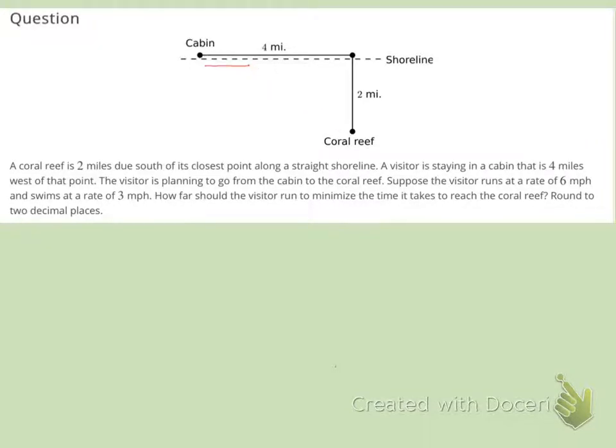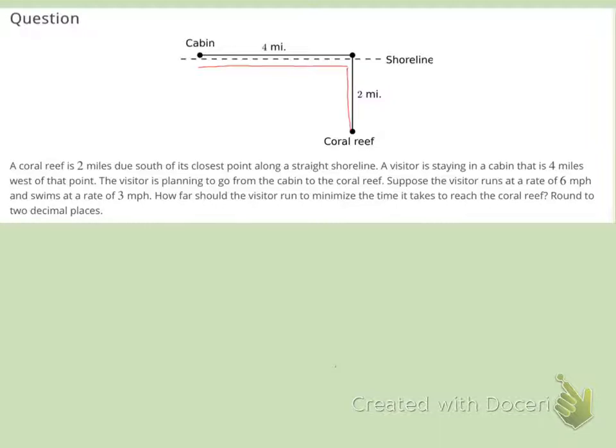But we want to know how far should they be running and then how far should they be swimming. But notice that the furthest they can run is 4 miles. So that would be all the way here, 4 miles, and then 2 miles swimming. So that's kind of our domain, and we'll need that at the end.